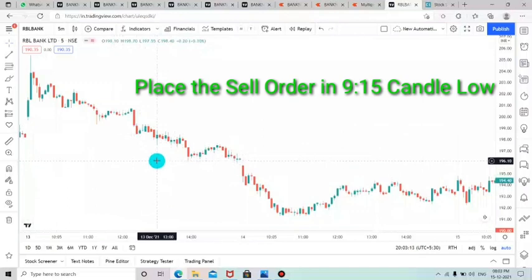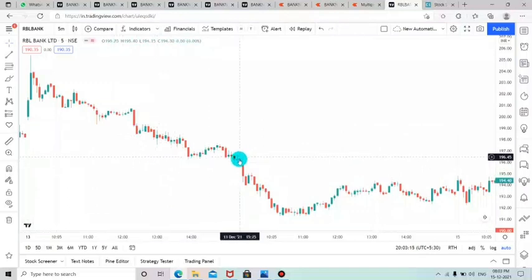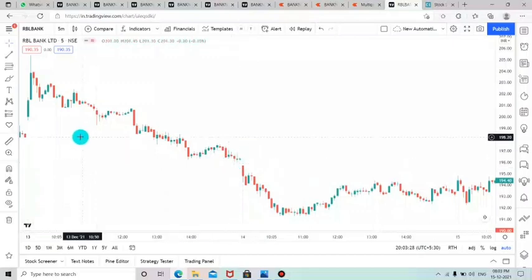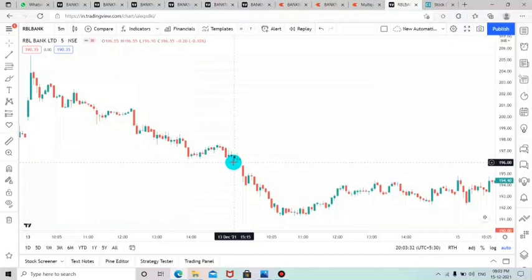Most probably we will also consider a gap down relative to the close. That is, if the candle has opened below the previous day's close, then also we will consider it a gap down. But in this condition we are going to check whether it is below the previous day's low, the yesterday's 13th December low. Once the candle starts below this low, then we consider this a gap down setup.